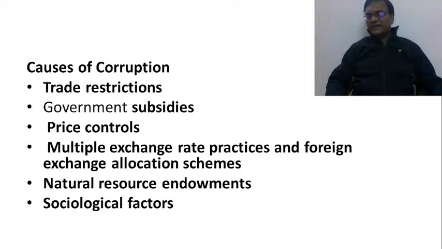In every state, this is where we find massive levels of corruption. Why? Because, as I mentioned, all these natural resources are with the governments only. And the government, whether state or central, has absolute monopoly.